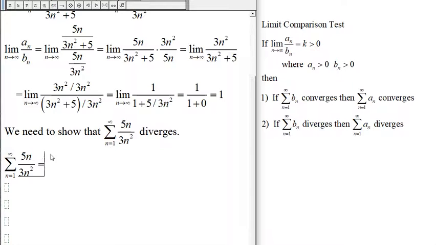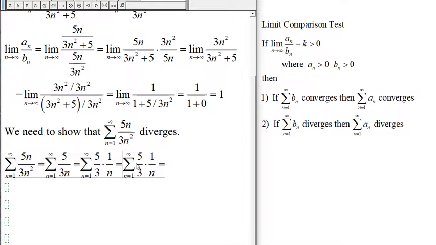And so notice that this is the same as n divided by n squared, and we just get n on the top. And then we can separate this. This is the same as 5/3 times 1 over n. And then 5/3 is a multiplication constant, so we can move it and place it in front of the summation notation.